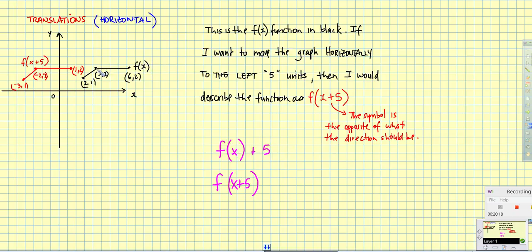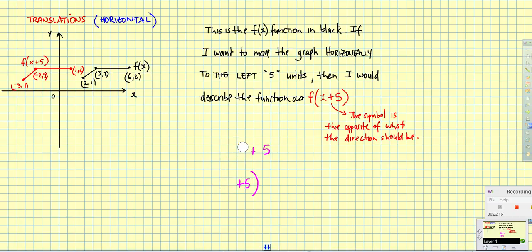The point (3, 2), when I do 3 minus 5, will go to negative 2, so there is my (negative 2, 2). And the point (2, 1), when I do 2 minus 5, will take me to (negative 3, 1). So there is my new graph when I move my graph 5 units to the left.